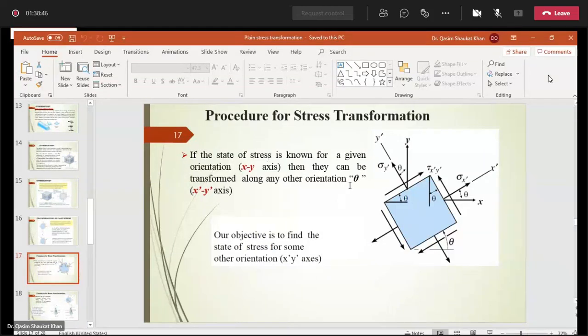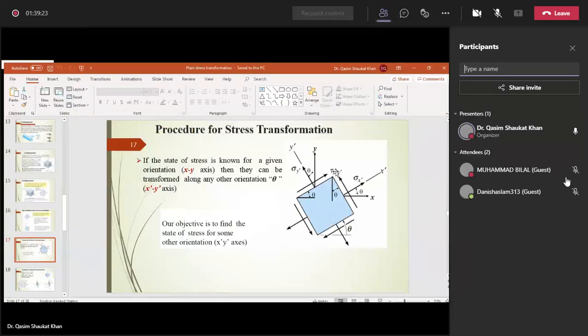This is what we have already done in a simplified figure. So this is the x-axis, this is the y-axis, this is the x dash axis, and this is the y dash axis, which is oriented at an angle theta. The transformed normal stress is sigma x dash acting along the x dash axis, sigma y dash acting along the y dash axis, and tau x dash y dash is the transformed shear stress.